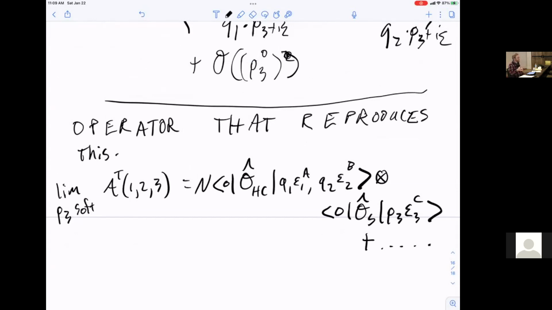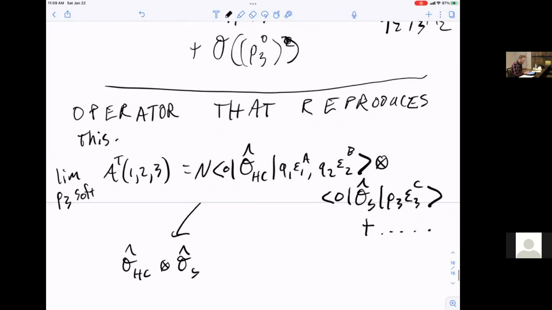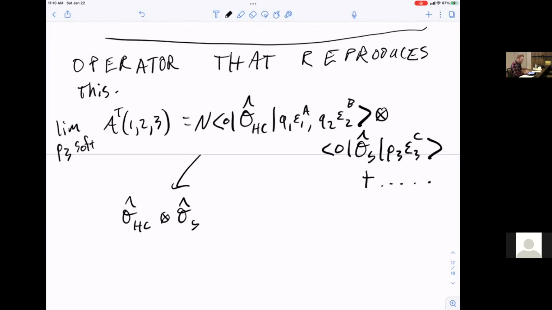I'm doing this in a particular matrix element, but once I have figured out what my hard collinear operator is and what my soft operator is, then I'll have this object. And this particular operator, I write this cross mark here because it's going to hide a multitude of sins, which are like contraction of color indices.